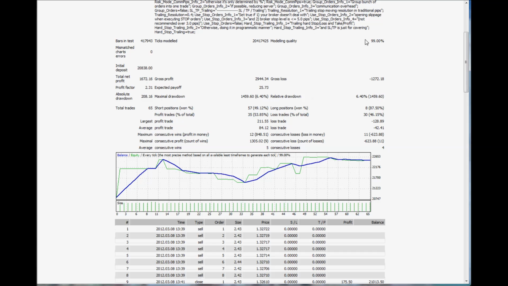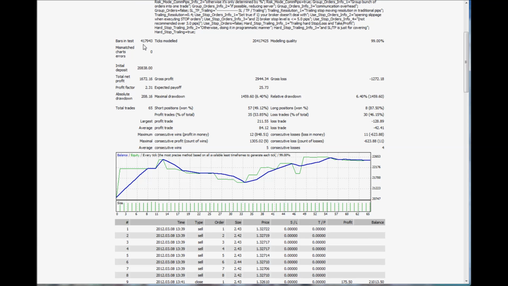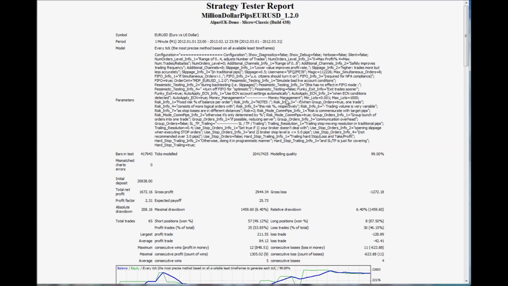So as you can see, we've got a 99% modeling quality. The reason why we've made the initial deposit 20,838 is because in the first 2 months, because this is March, we actually took it from 10,000 to make 20,838 profit.